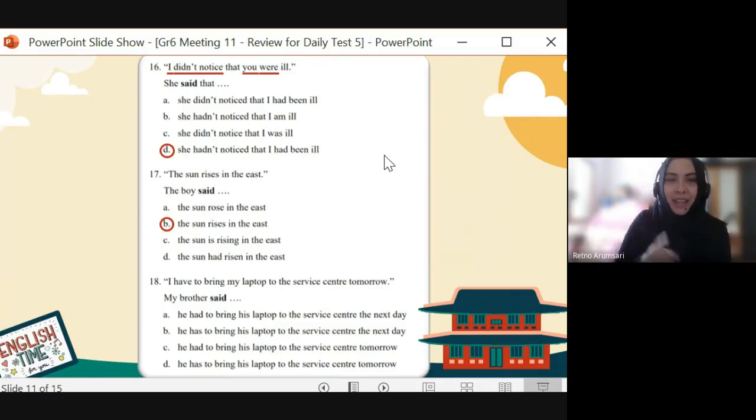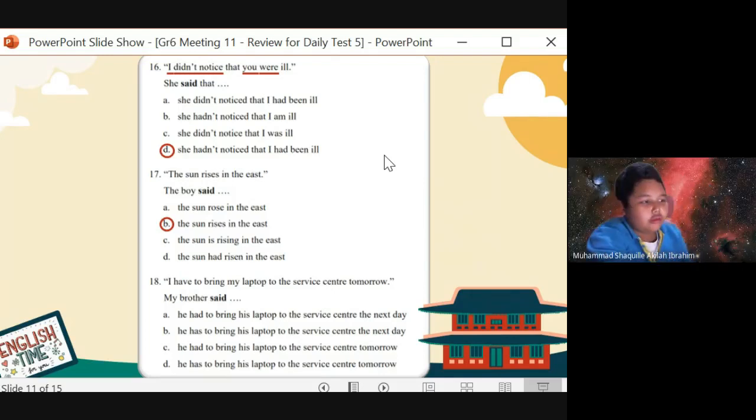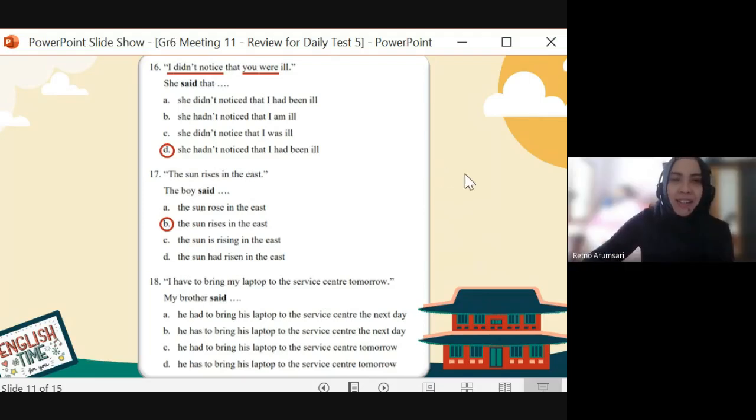Yes, he had to bring his laptop to the service center the next day. Yes, be careful with the saying word. The answer is A. He had, because the saying word is said.